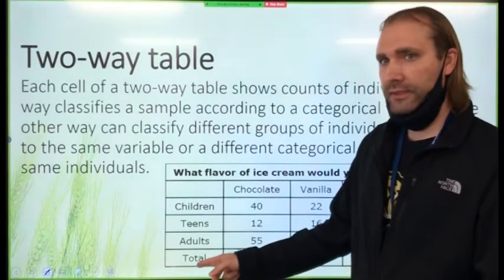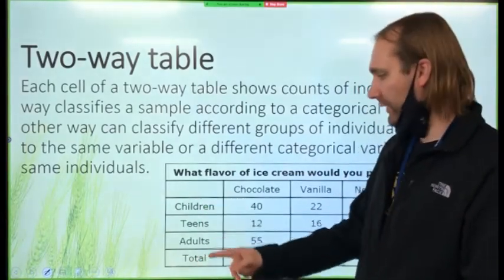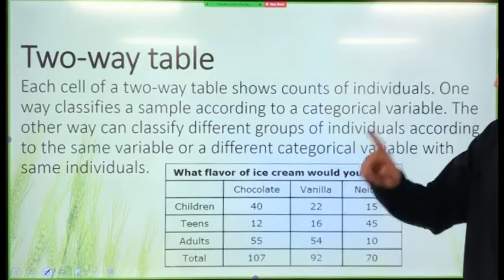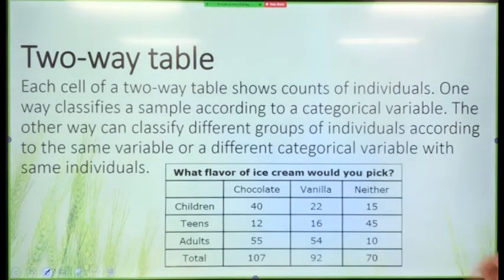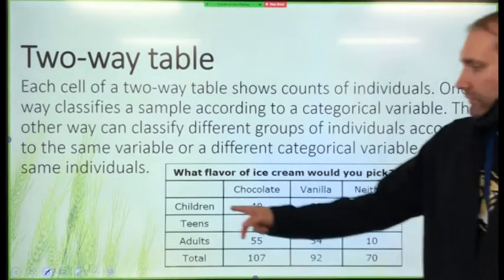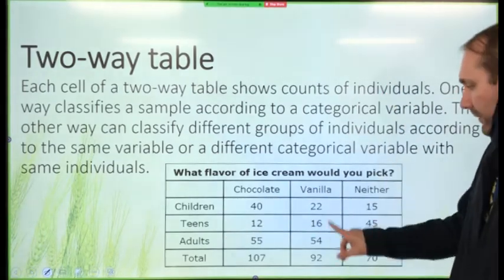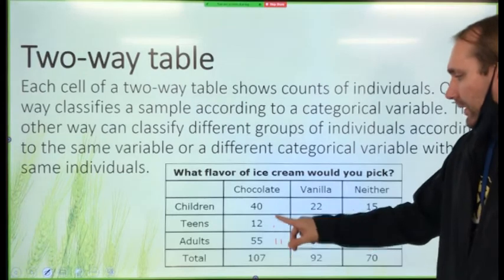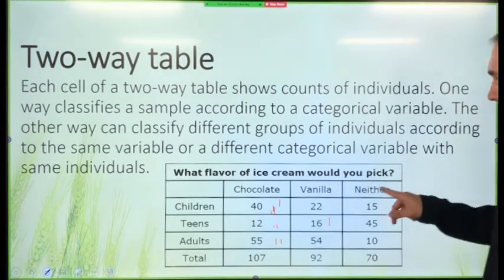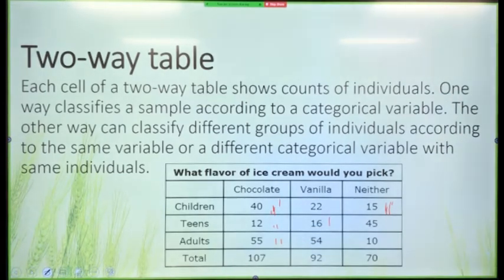This is categorical, right? Are you a child, are you a teen, or an adult? Compared to what they like: chocolate, vanilla, either. So I'm taking counts. You, what do you like, chocolate or vanilla, or neither? You would tell me something and I'll mark it. And then just keep on marking as I go through, and then count them up. That will create my two-way table.